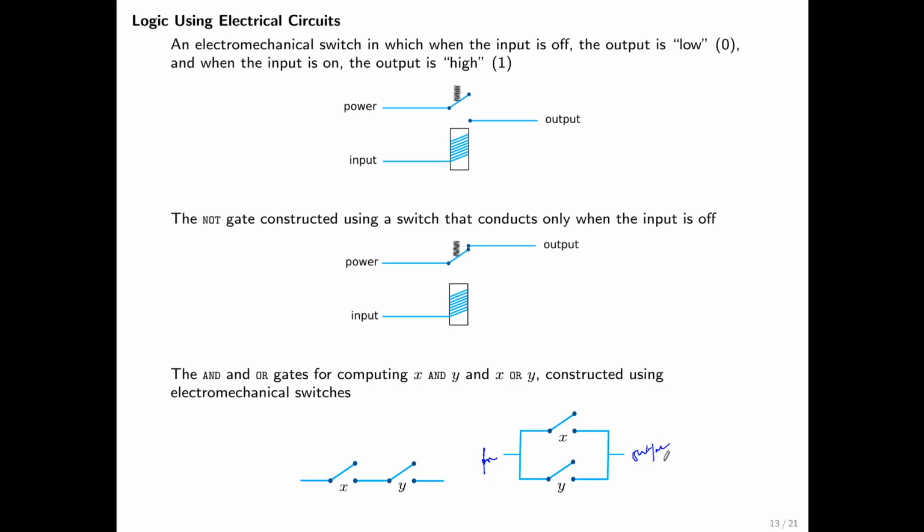And you don't receive anything here precisely when there is no input applied to X and Y. Okay? And that is exactly the truth table for the Boolean OR function. So by arranging electromechanical switches in this fashion, we can compute the Boolean AND and the Boolean OR operation.